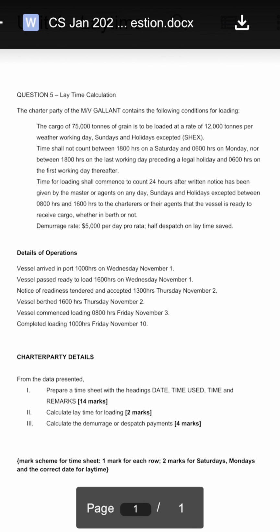Laytime will start 24 hours after the NOR is tendered and accepted. Then it says the demurrage rate is $5,000 per day pro rata, half dispatch on laytime saved. All right. Okay, so let's begin the question.